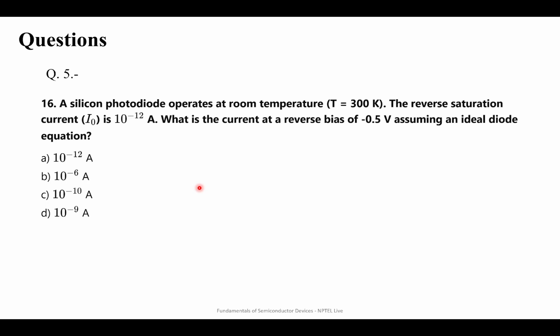What is the current at a reverse bias of minus 0.5 volts assuming an ideal diode equation? 10 raised to the minus 12 amperes, 10 raised to the minus 6 amperes, 10 raised to the minus 10 amperes, 10 raised to the minus 9 amperes. This is a very simple question.